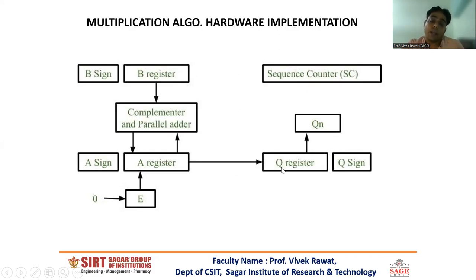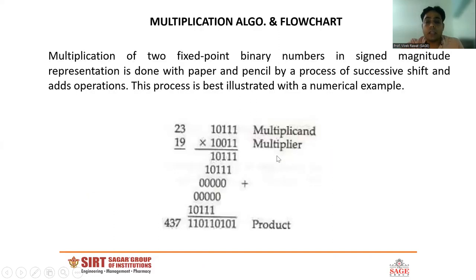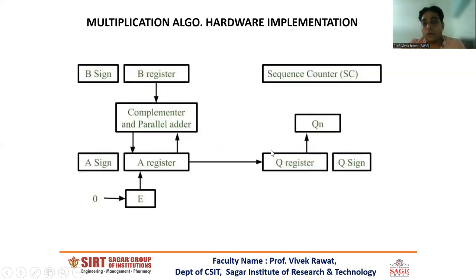It is decided by the ALU or control unit. 19 is the multiplier. Here we need to assign registers to the multiplier and multiplicand. So B register is assigned for the multiplier and Q register is assigned for the multiplicand.